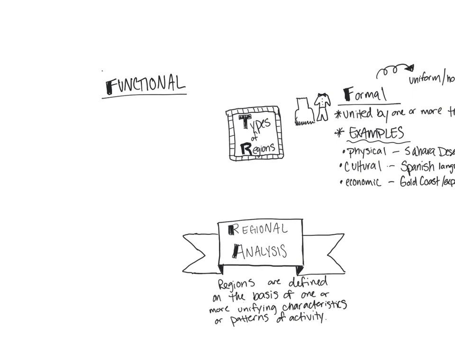That is typically going to be based around certain nodes, so we're going to call it nodal. The image that we're going to draw for this one is that this node will interact with things around it. That's what's going to unify this group or region, so it's organized around a specific point.